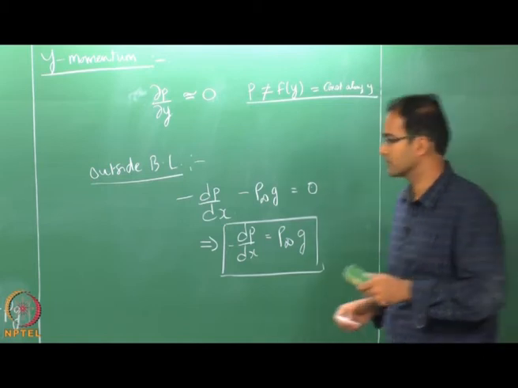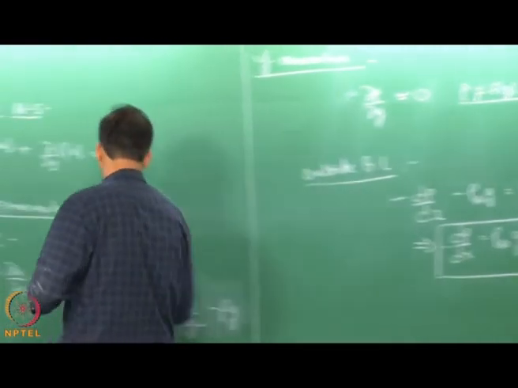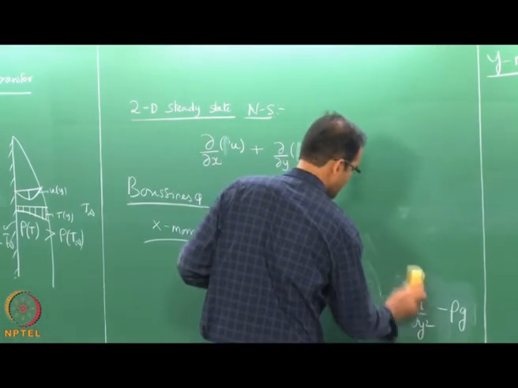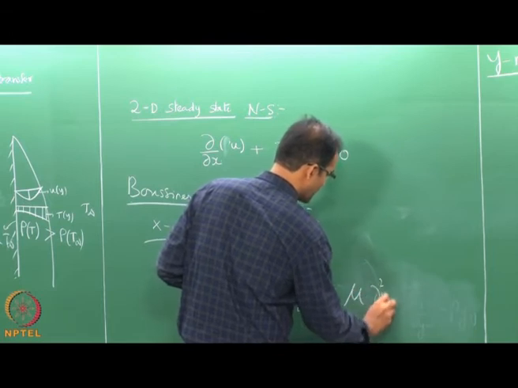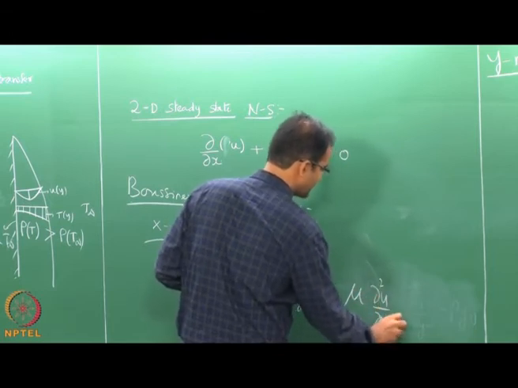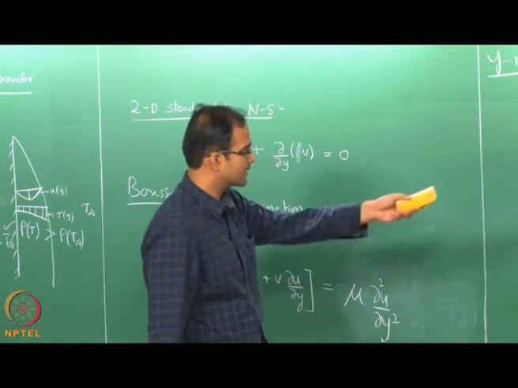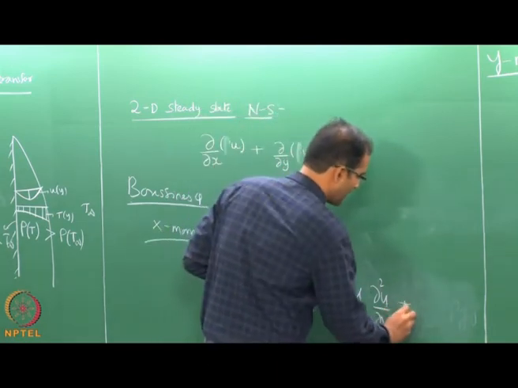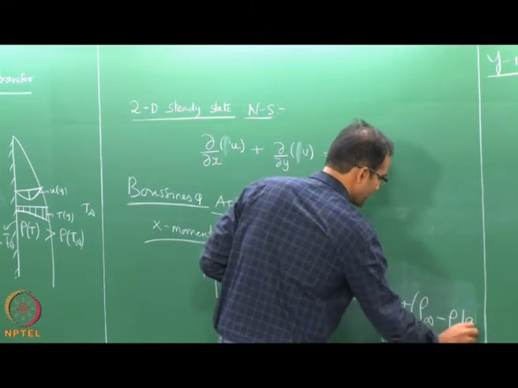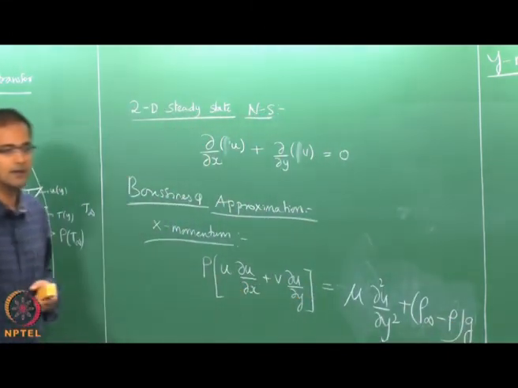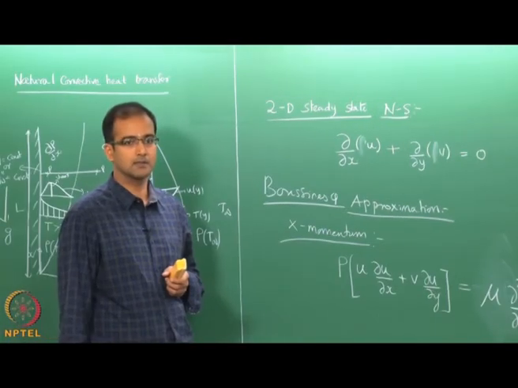If you directly substitute it, you are eliminating dP by dx from the momentum equation. Now if you substitute for dP by dx, you have mu d square u by dy square here. Minus dP by dx is rho infinity, so you have rho infinity minus rho times g. This will be the body force.